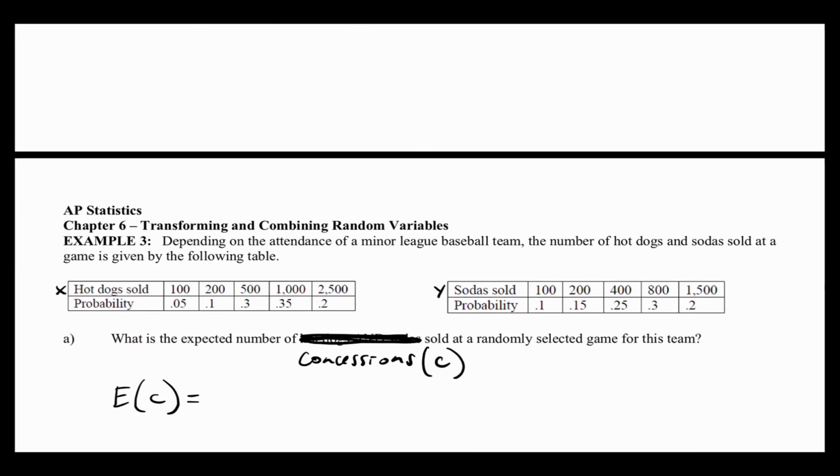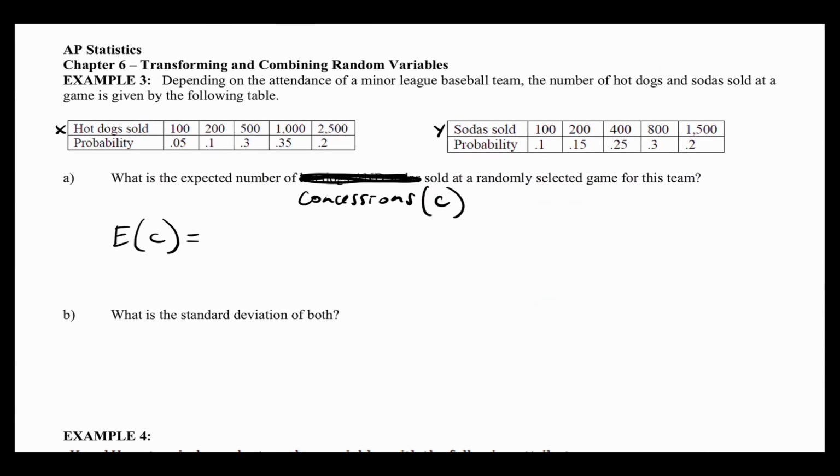If you're finding the difference, then that would be D. But it's saying expected number of concessions. So that's both. So I need to find the expected number of hot dogs plus the expected number of sodas. How do I find the expected number of hot dogs? Yeah, you did this on the homework, right? Multiply, multiply, multiply, multiply, multiply, add all together.